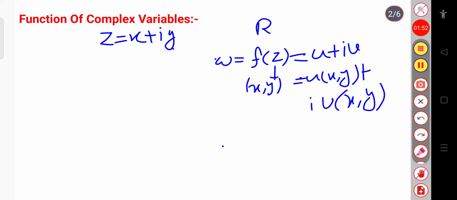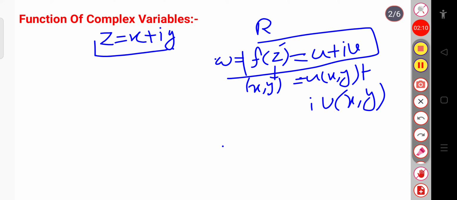So to specify the complex function, two variable functions are required, that is, here I am saying z equals x plus iy. If I represent this in the form of the function of z, where z is a function of xy, then this f of z is a complex function and we can write it as f of z equals u of xy plus iota v of xy, clear.